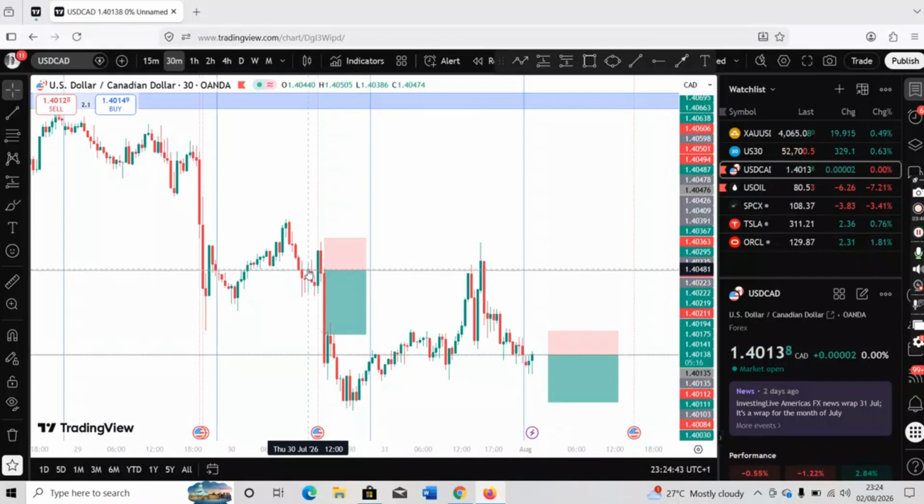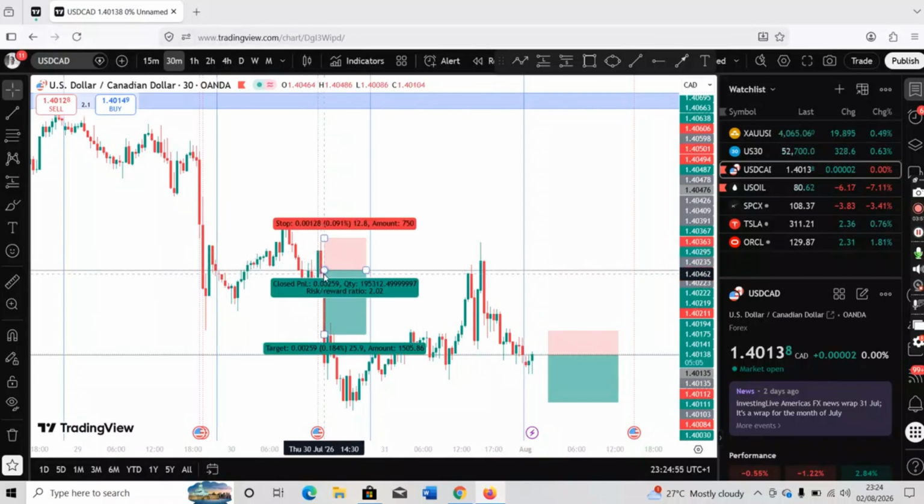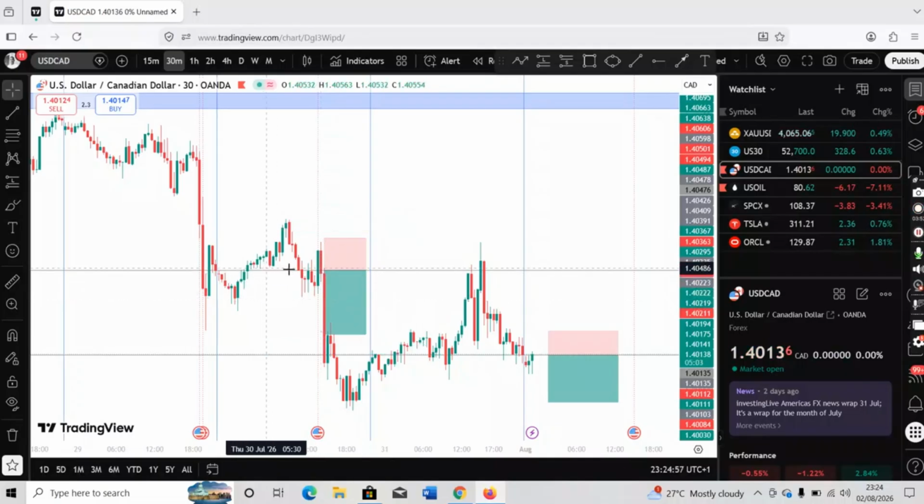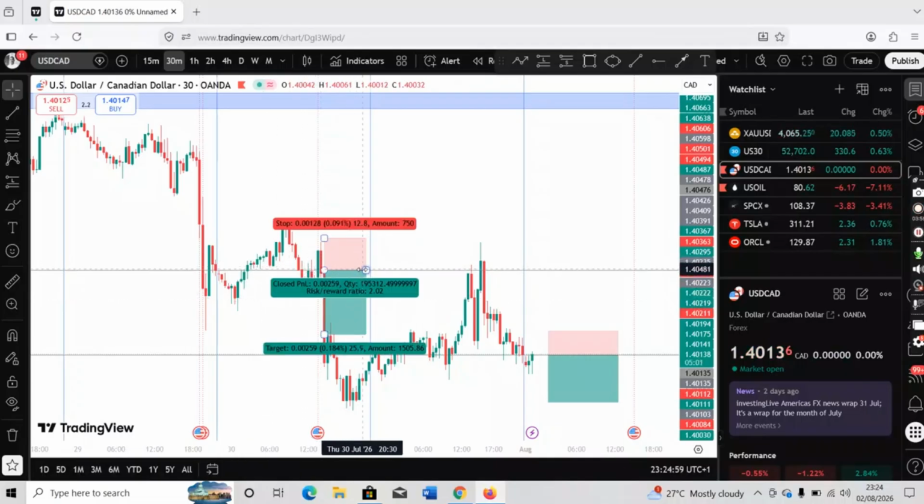I was supposed to enter here, but maybe I still waited because of this weak rejection. Upon this one again, I entered this break off again and retest. That is basically my criteria of getting in.